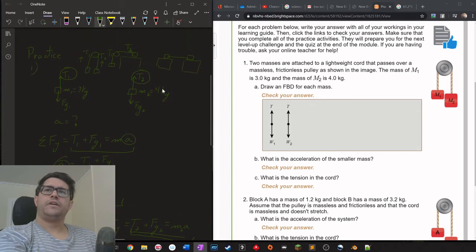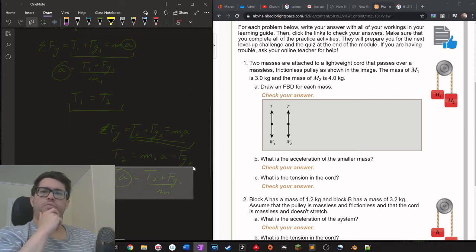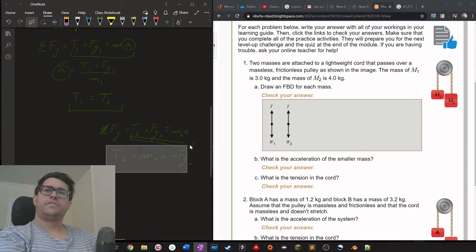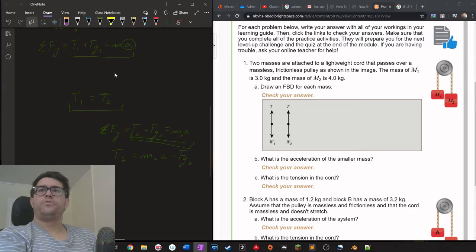And if the tension in both of these problems is the same, this is linked, if these are the same tensions, then we can write formulas for T1 and T2 like such. This one here. And this we can erase. We're going to write a formula for T1 is equal to MA minus Fg1.